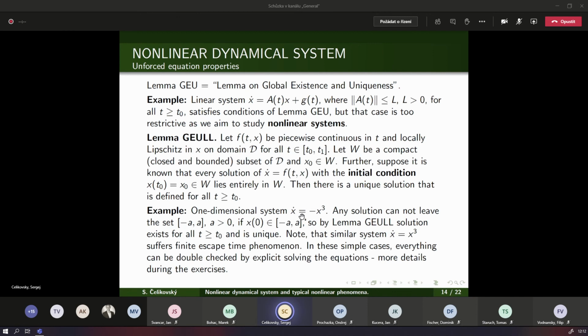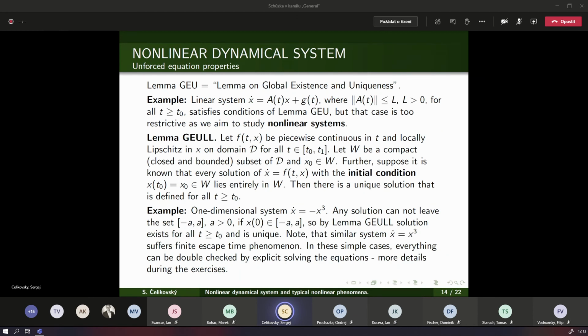A good example is again this one-dimensional system, x dot equal to minus x cubed. If here it were x dot equal to plus x cubed, you would see that the solution escapes in finite time to infinity. But if you put the minus sign here, then if you compute the derivative of the right-hand side, you will see that the system is not globally Lipschitz, because the derivative would be 3x squared, and it goes to infinity when x goes to infinity.